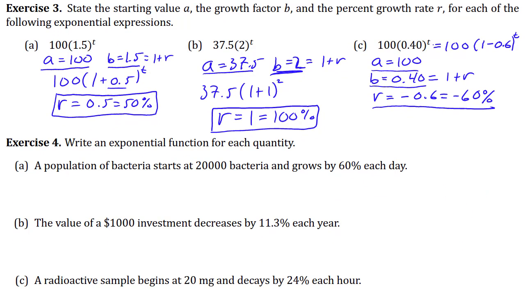All right, so exercise 4, we're kind of going the other way this time. This time they're giving us the real life description, and we want to try to describe it with an exponential expression. So they're giving us that the population starts at 20,000.